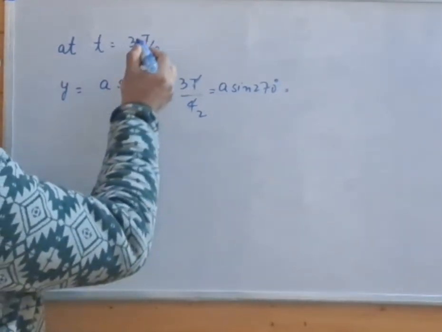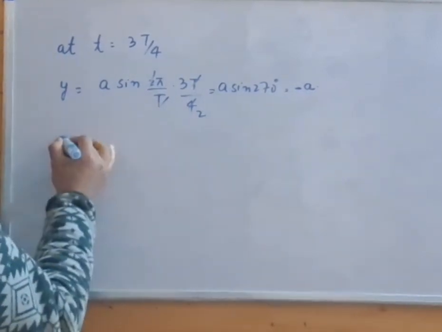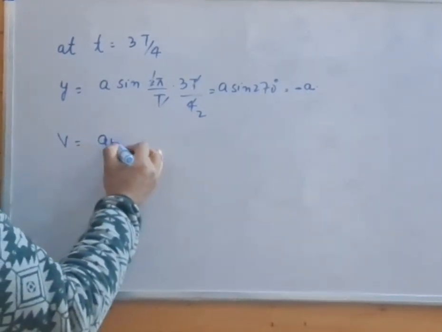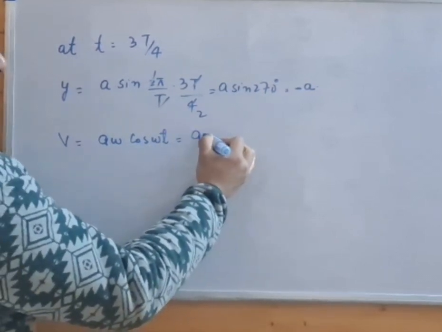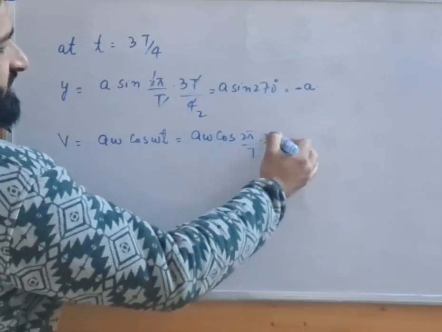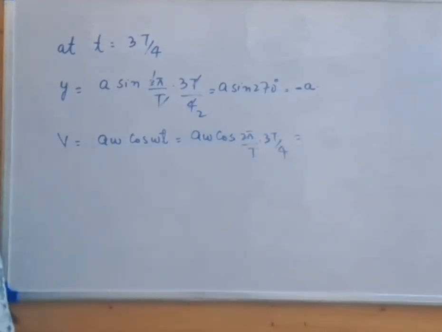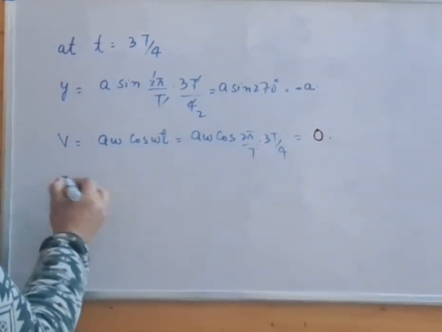So displacement at 3T by 4 is equal to minus a. Now velocity v is a omega cos of omega t. That is a omega cos of 2 pi by T into 3T by 4. That becomes a omega cos 270. We know that cos 270 is equal to 0. So velocity at 3T by 4 is equal to 0.